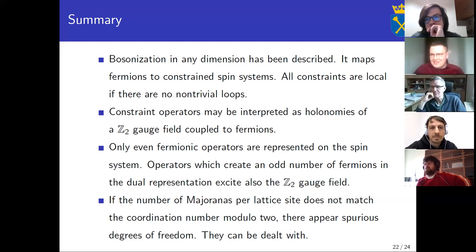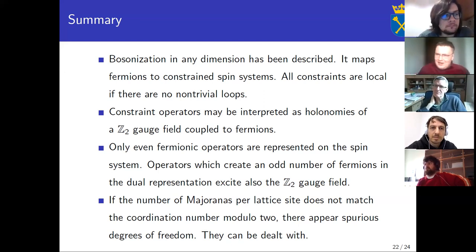Are there additional phases? They used some different bosonization, that was also developed just a few years ago.